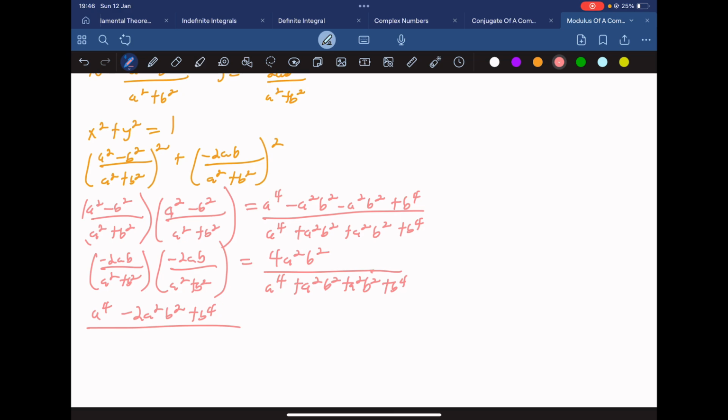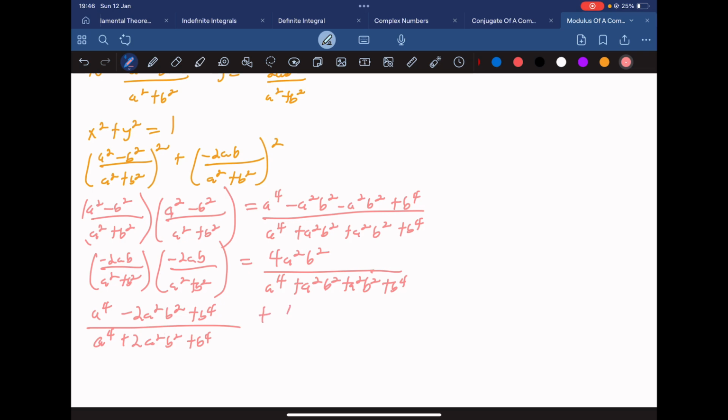Then let me write it out not to confuse you guys. Let's say we have a squared b squared, we have it 2 times, right? So we can have plus 2a squared b squared plus b exponent 4.